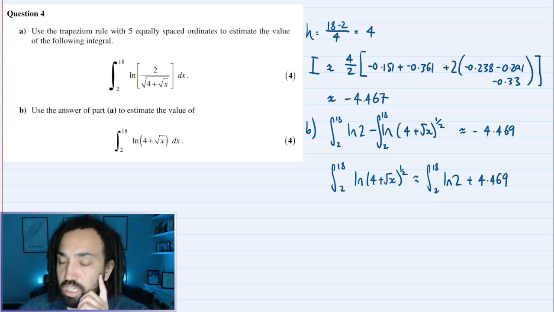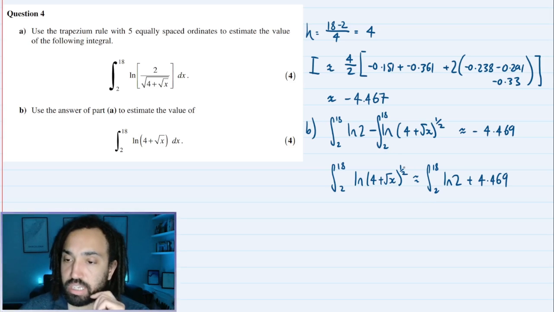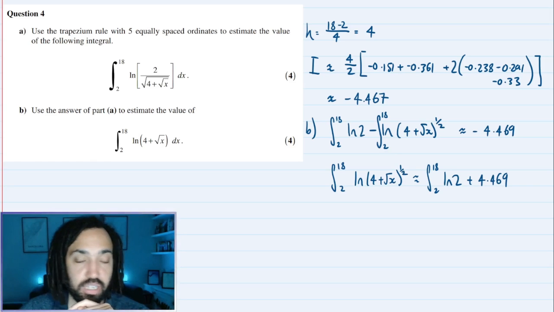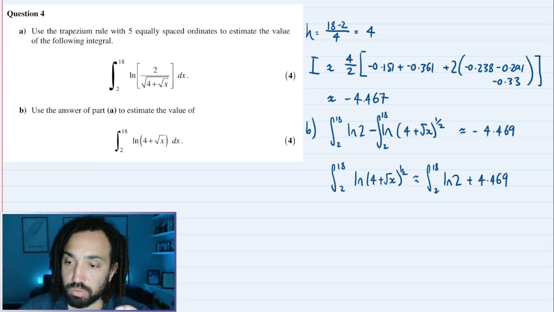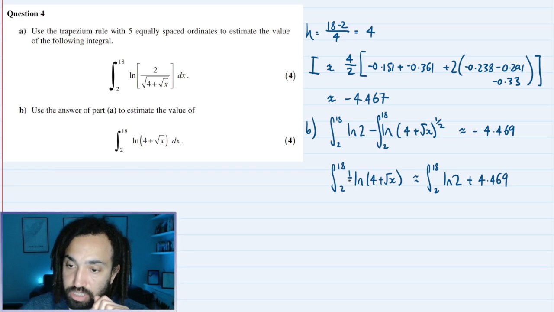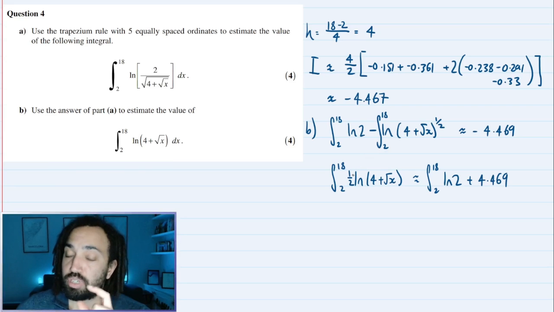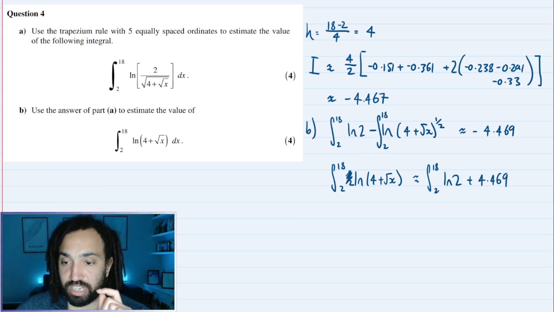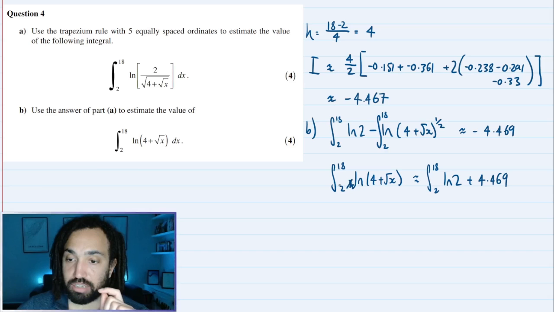Okay, great. Now this power of a half here, we know from log rules that if we have the input raised to a power, that can come down to the front to be the coefficient. So I can bring that down to become the coefficient there. And then we also know that when we integrate, we can factorise out a constant, so that can go outside of our integral like this.